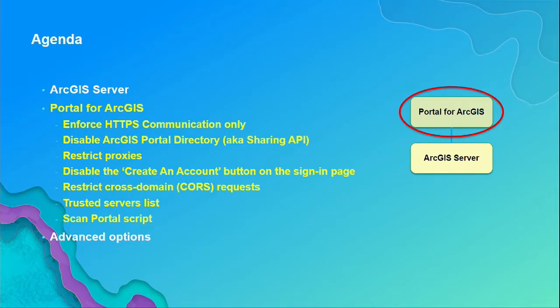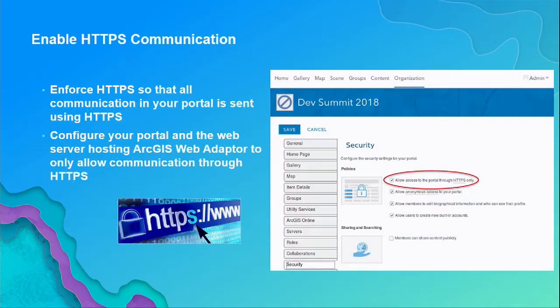Cool. All right. So let's move on to the portal side, where things are similar but different. Again, I'm not going to get into the guts of what HTTPS is and what it's not and all those other kind of things. At the portal tier, in the security tab under My Organization, edit settings, you can set this to allow access to the portal through HTTPS only.